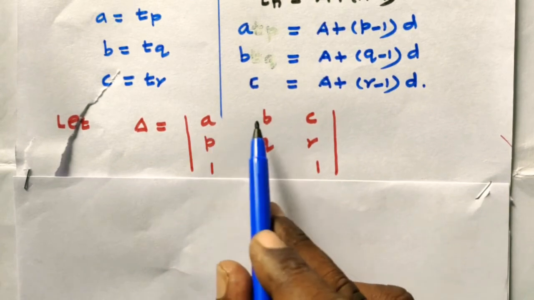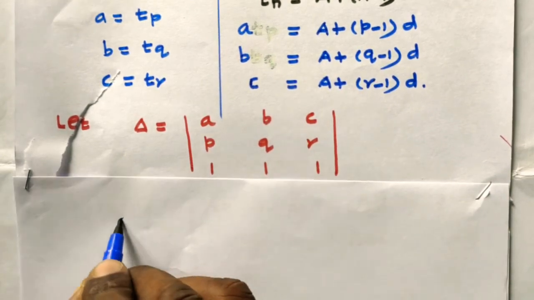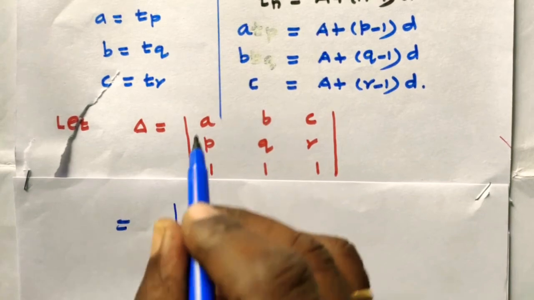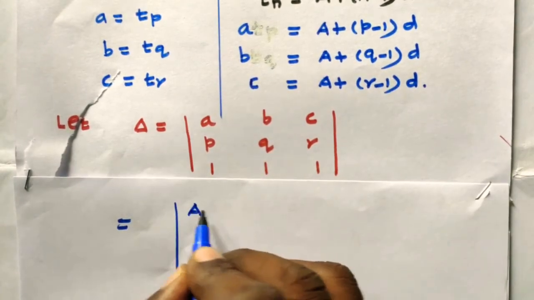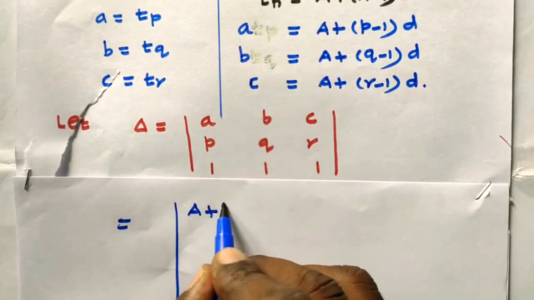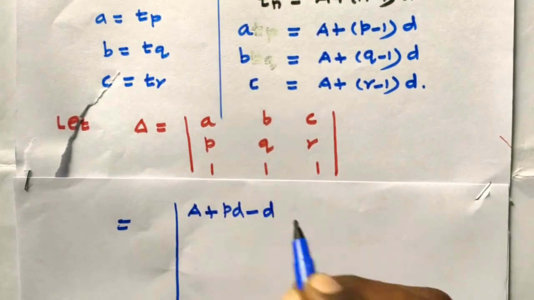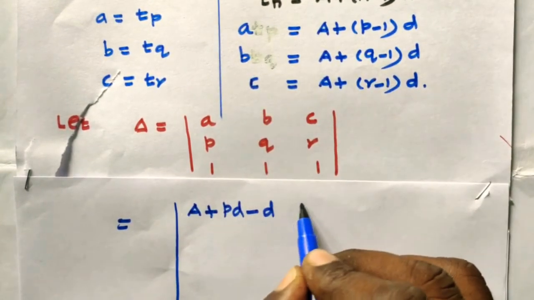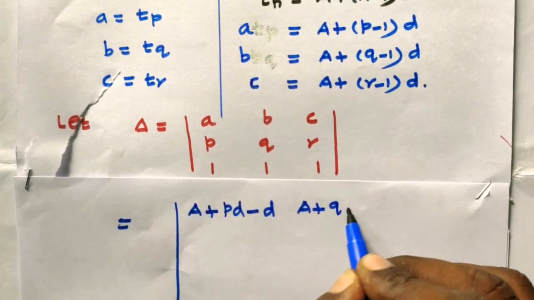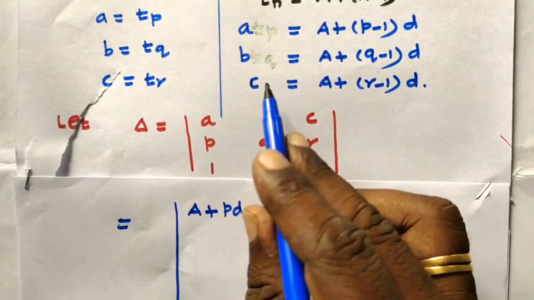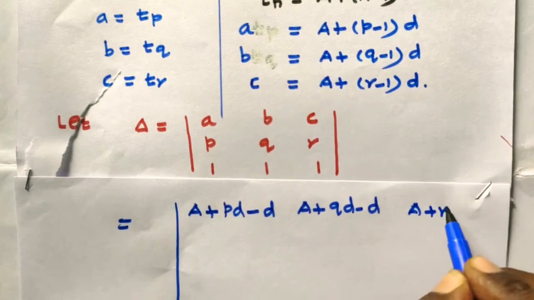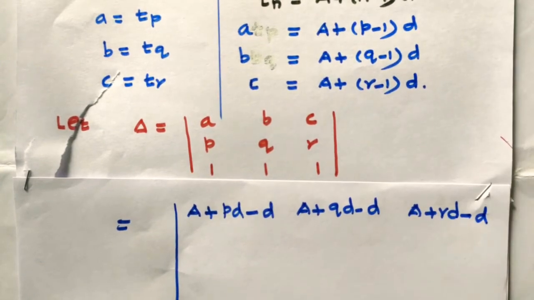The values of a, b, c are replaced, so delta is equal to the determinant with first row A plus pd minus d, similarly b as A plus qd minus d, c as A plus rd minus d.